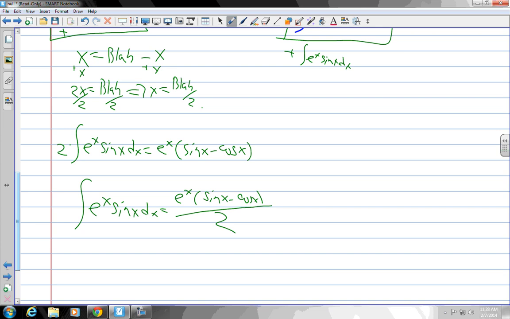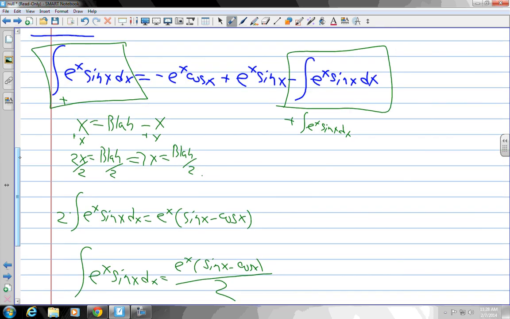So sometimes when you get into those loops, the thing starts repeating itself, so you can actually solve for it algebraically. Because this step right here, that's a linear equation. You have your unknown on one side and the unknown on the other side. Get them all to the same side and then solve. Did that make sense?